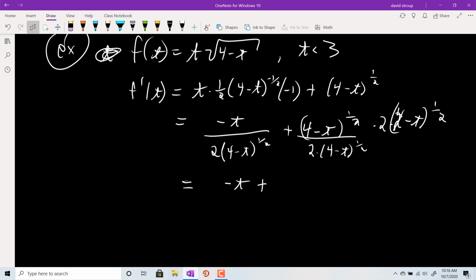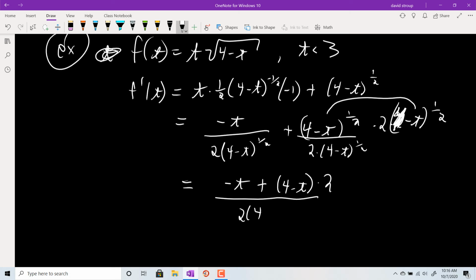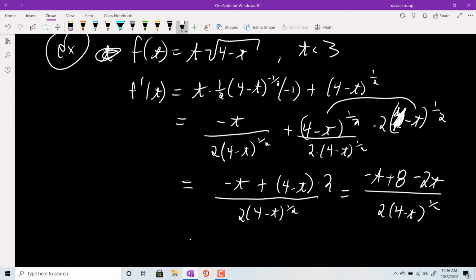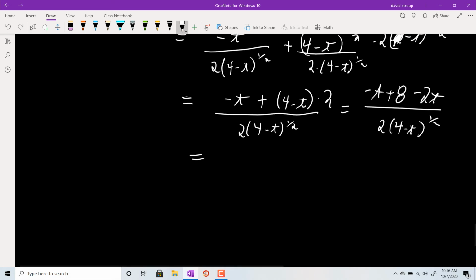And then this will become, this times this is just 4 minus t, and then times the 2. And then this will be negative t plus 8 minus 2t, over 2 times 4 minus t to the 1/2. Oh, geez. And then this is negative 3t plus 8 all over 2 times 4 minus t to the 1/2.